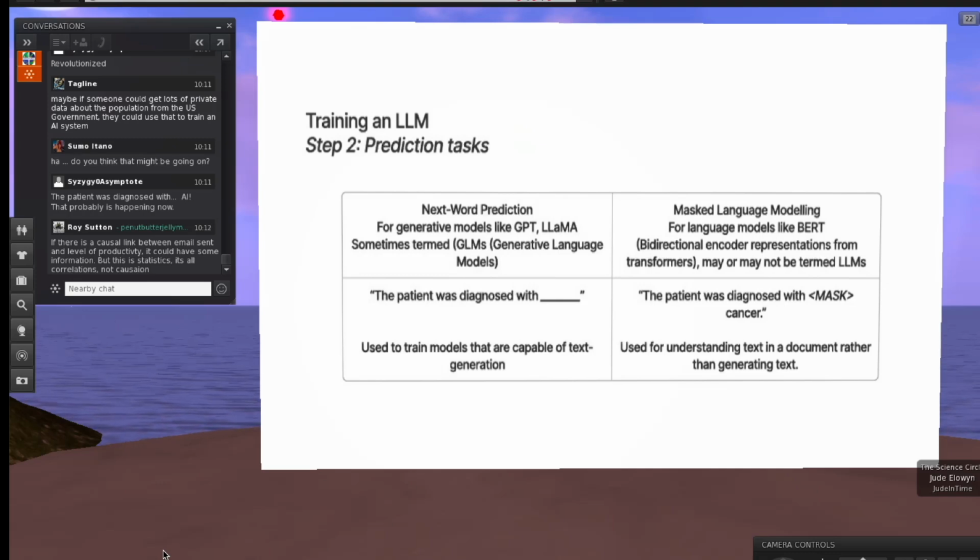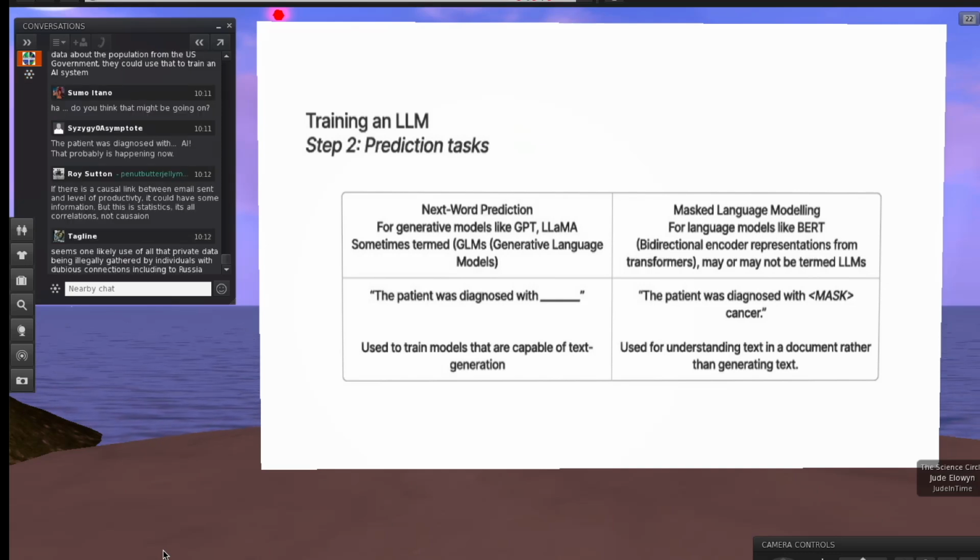So sometimes, when we look at research papers for language models, there's a bit of discrepancy in what people call a large language model. A model like BERT that's not capable of generative language modeling, which means generating text, which is the stuff that ChatGPT is capable of doing, may not be termed a large language model.